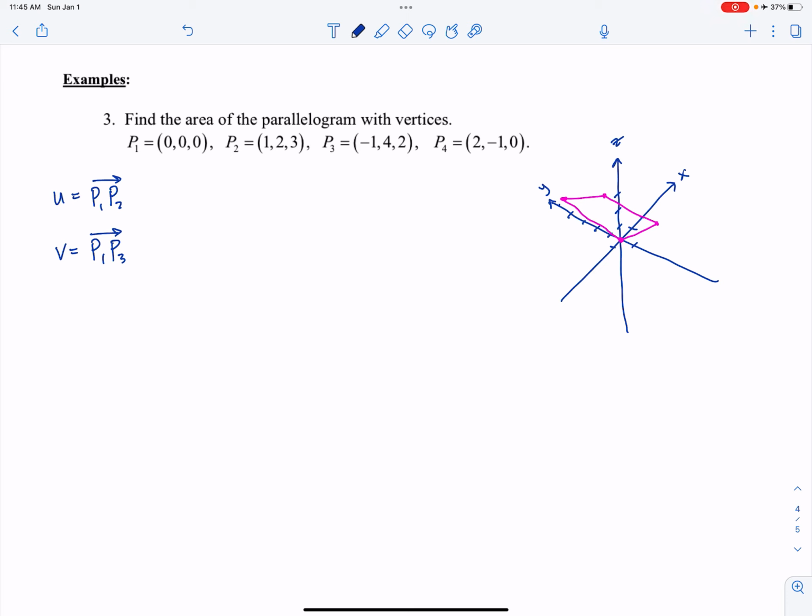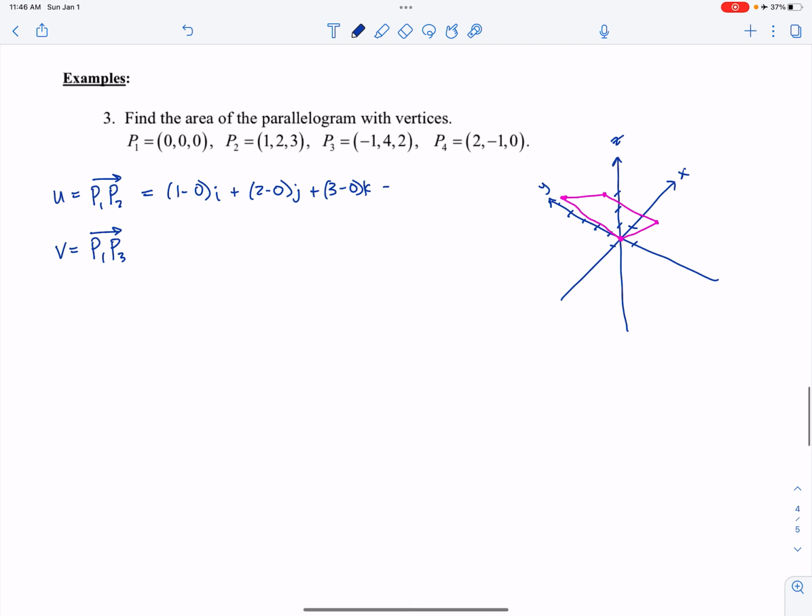And these vectors, if we wrote out the components, from 1 to 2, then we would have 1 minus 0 i plus 2 minus 0 j plus 3 minus 0 k, which gives us the components i plus 2j plus 3k.